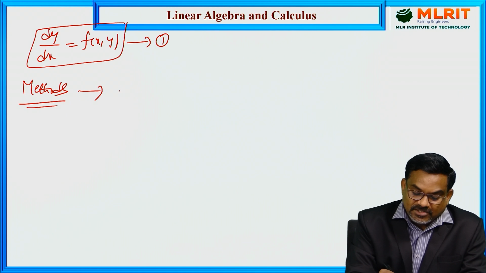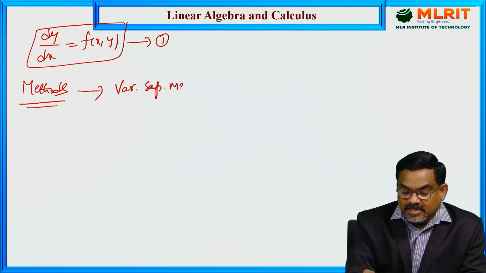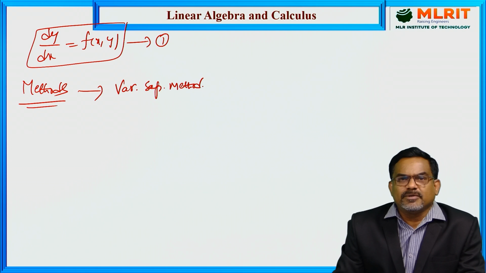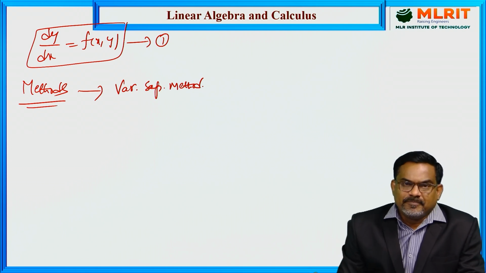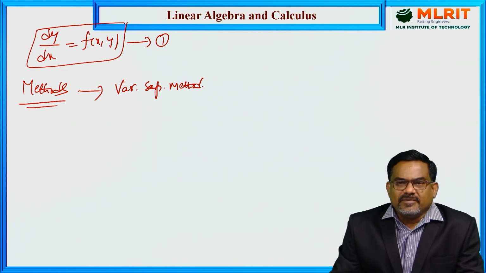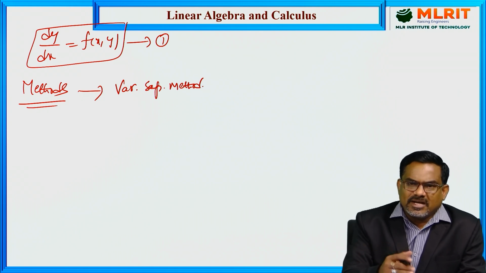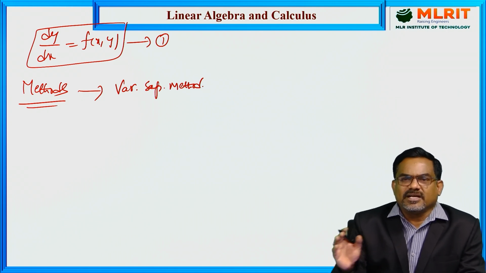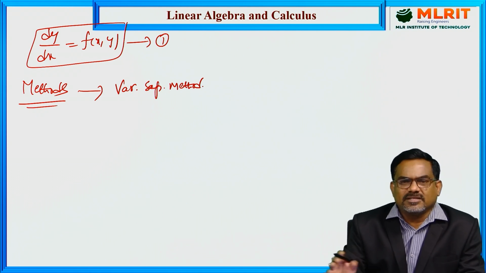One of those methods is the variable separable method, which is a simple method. Just separate the variables if possible and then integrate. If it is possible to separate the variables, write x terms on the LHS and y terms on the RHS and then integrate, or y terms on the LHS and x terms on the RHS and then integrate.